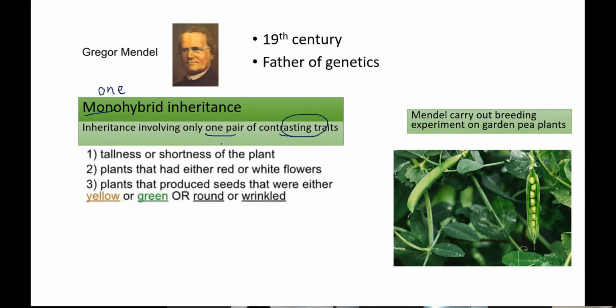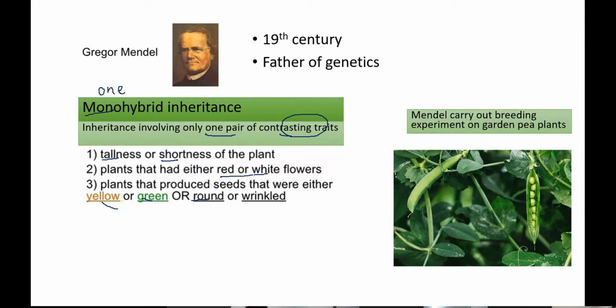For example, the characteristics of pea plants like tall and short, or the color of the flower, red and white, or the color yellow or green, round and wrinkled. For example, this is monohybrid inheritance.